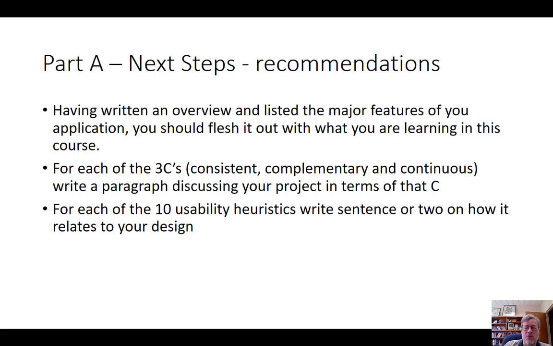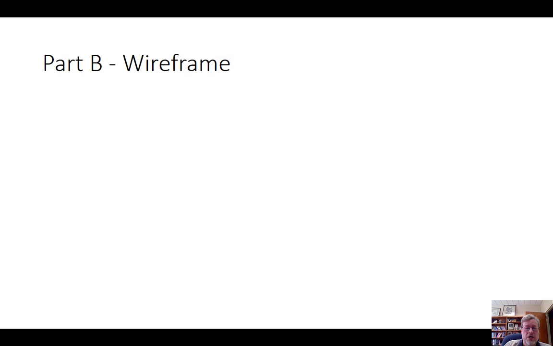Maybe it's as simple as saying, well, on all the screens, I put a cancel button like this in the same place. It could be that simple. But if you work through each of the 3 C's and then each of the 10 heuristics, you should easily put together a paper that meets the length requirement, which is 2 to 3 pages, not including the title page, and you have that information.